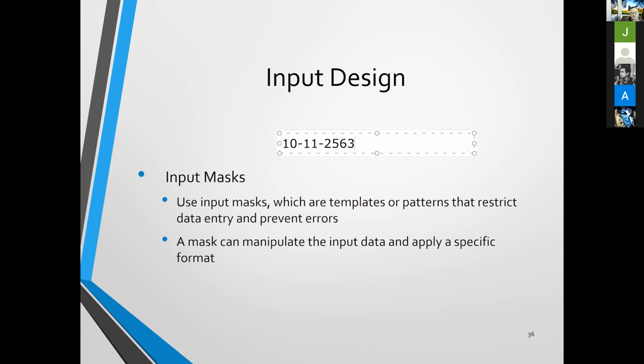2020. But this one is a bit difficult because if the users enter 2563, actually it's not wrong, but you have to check with them. For example, you know that the valid year should be like 2020.